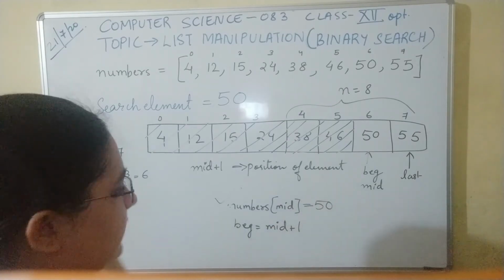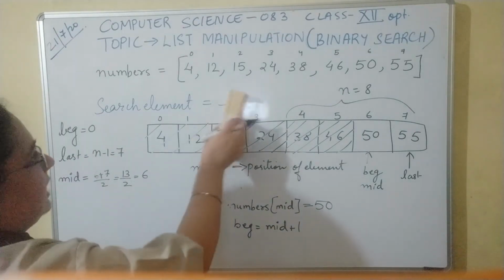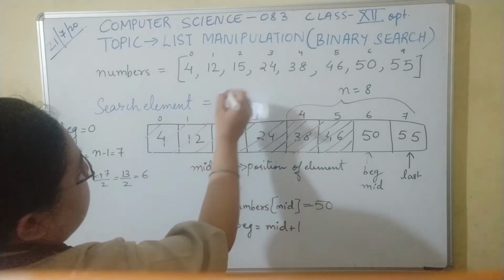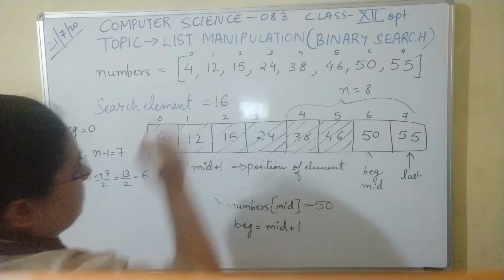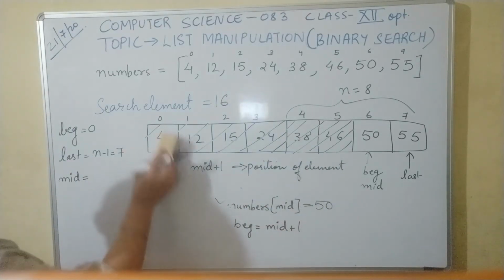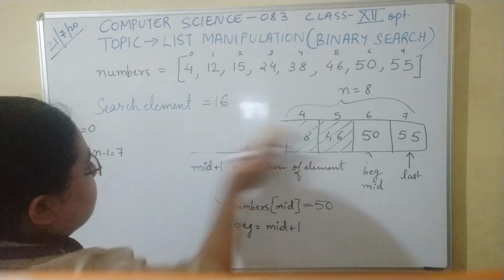Now there could be a case where you are looking for an element which is not there in the list. For example, let me take the element as 16 and let's see how we can work with that. So I am going to create this list once again.